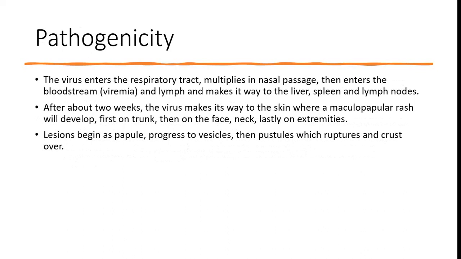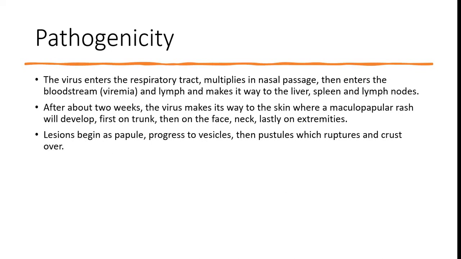So the virus is going to enter through the respiratory tract. That's the more common route, even though we did say it can be contact as well. It's going to come in through the nasal passages, attach to the mucous membrane, and replicate in there. It's going to ultimately move from the mucous membrane into the bloodstream, into the lymph, and end up making its way into the rest of the system.